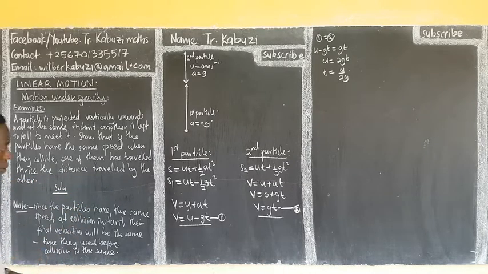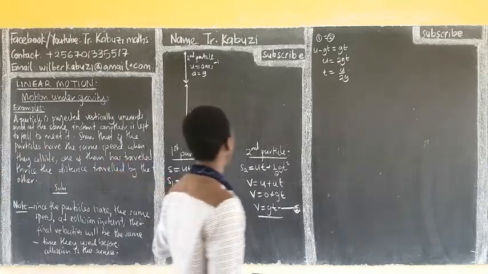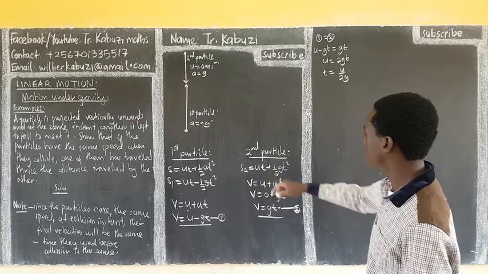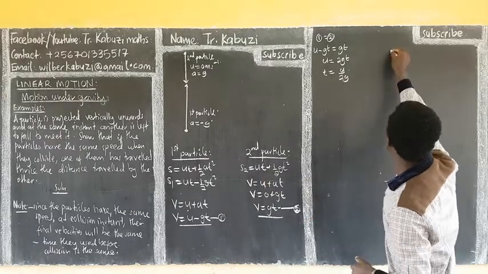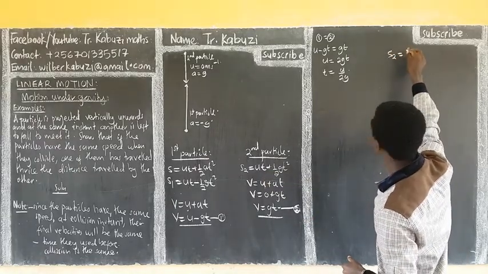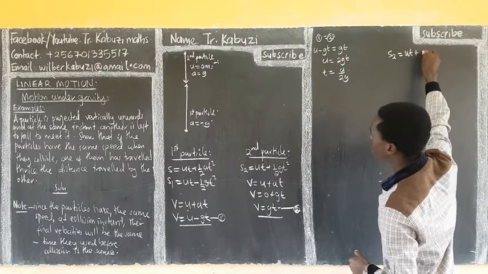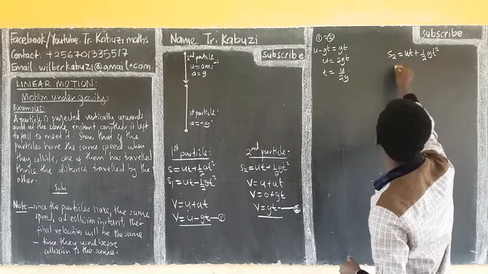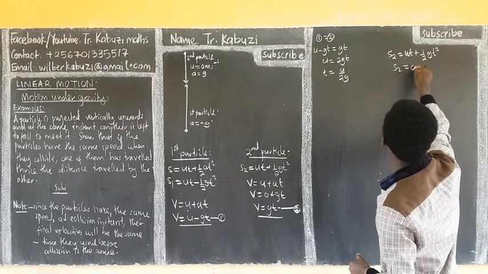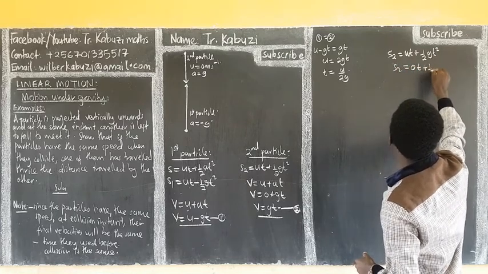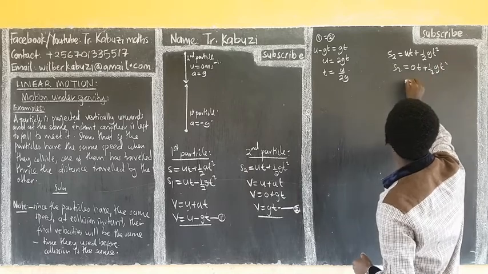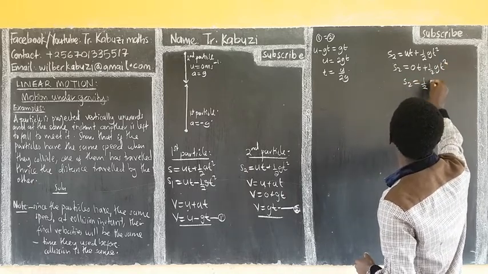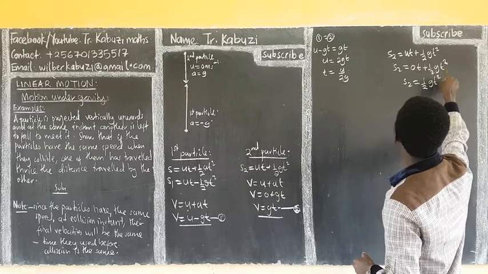So for the second particle, my S2 is going to be ut plus a half gt squared. But remember our u here is 0, so our S2 is going to be a half gt squared.